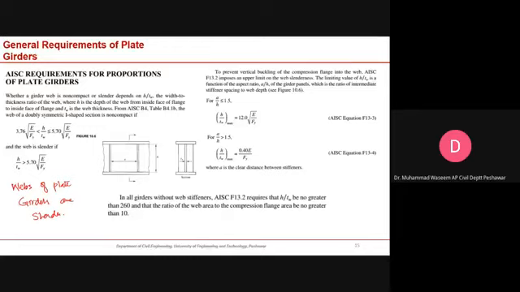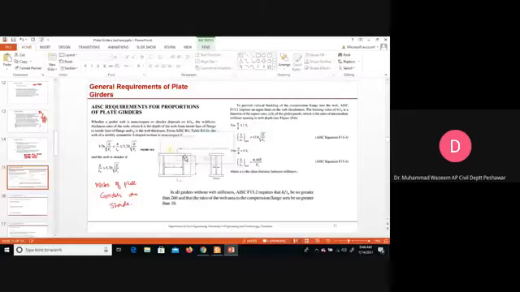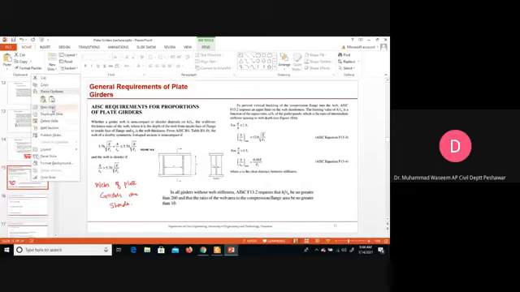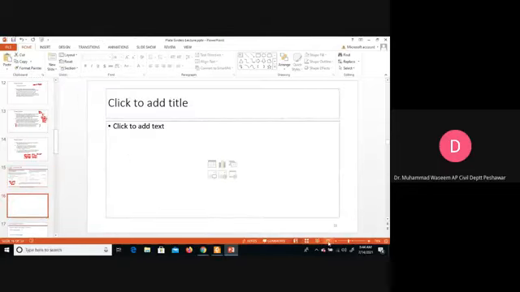It means that, I have to add a new slide here. You remember from your beam design that we have been using a curve. We have used this type of figure.